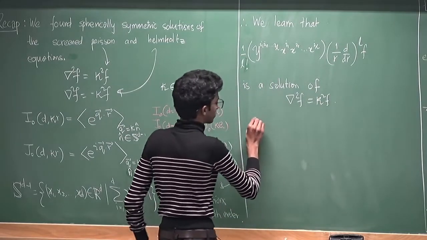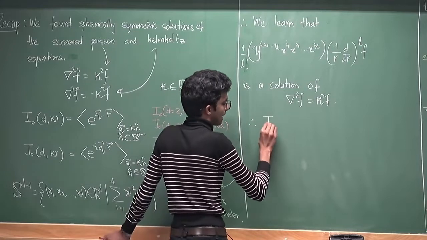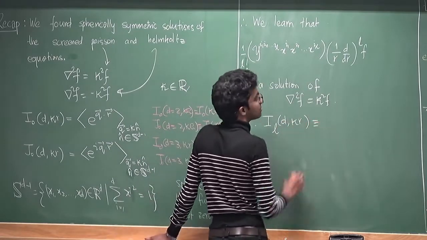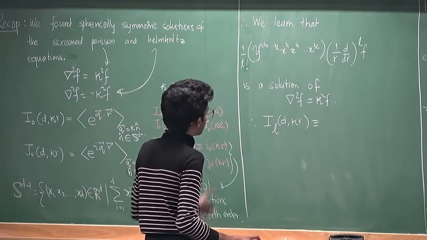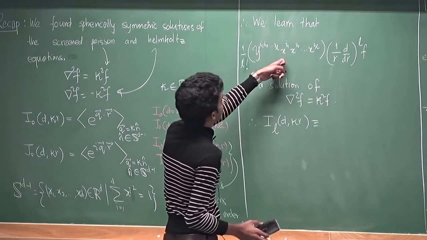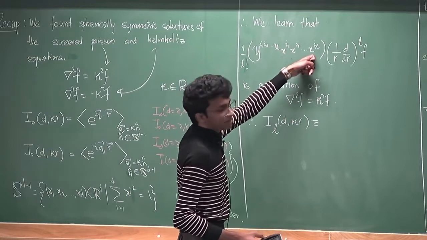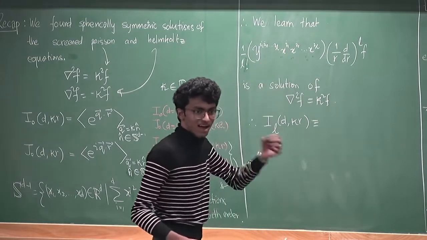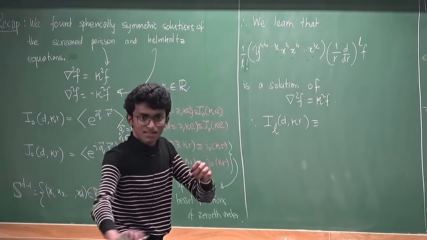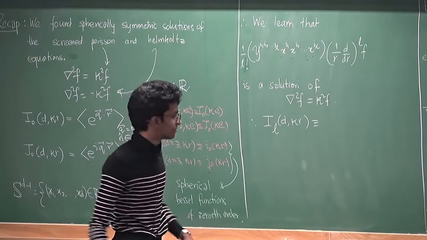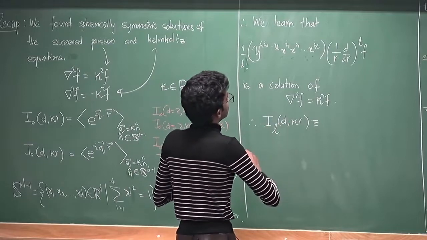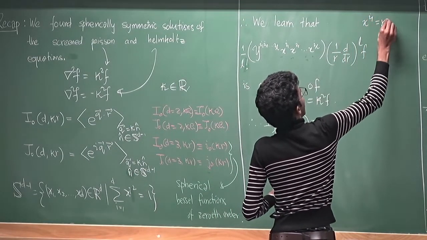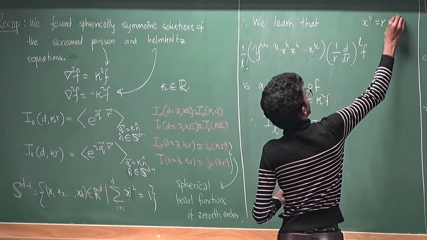So therefore, I_L of kappa r is defined. So the radial part, but these all, remember, have a radius in them, because if it was just x, y, z, x is r times angular dependence, y is r times angular dependence, z is r times angular dependence. So let me say x_i is r times n_i.